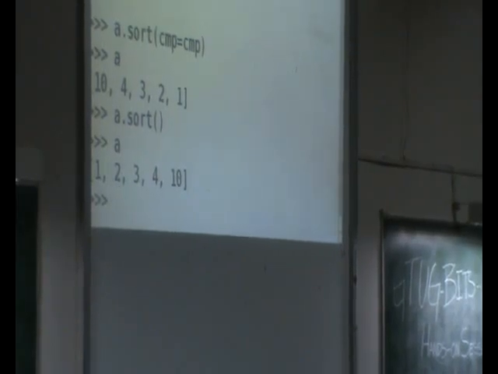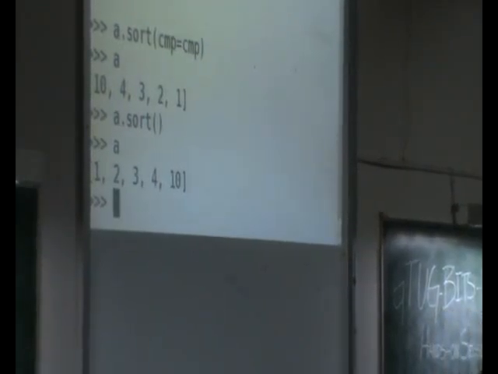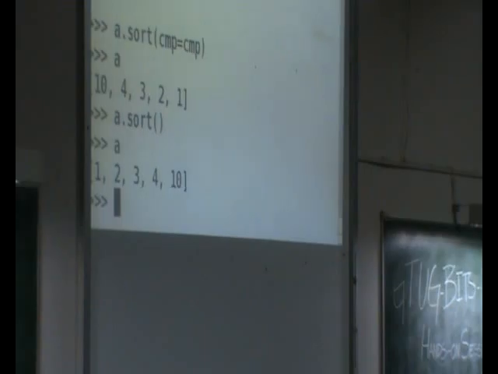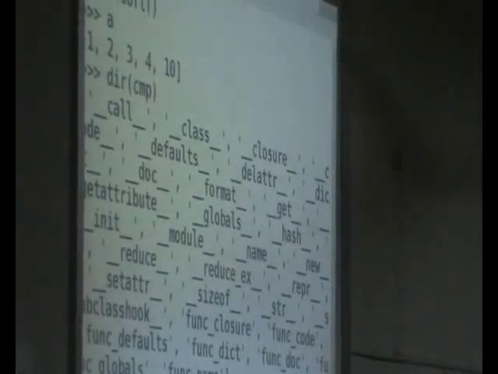It's that easy. As I told you, everything and anything in Python is an object, and that includes functions. So you can just pass around functions if you like. You can even do dir of cmp and you'll get all the attributes of the function cmp.